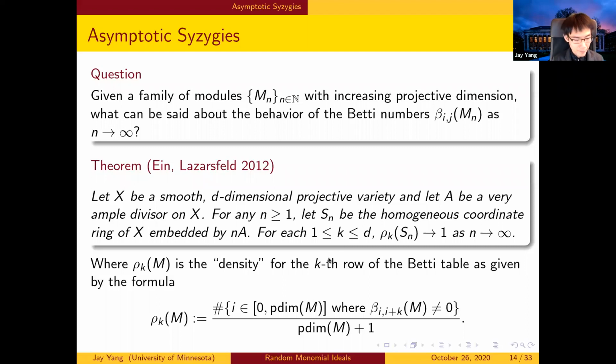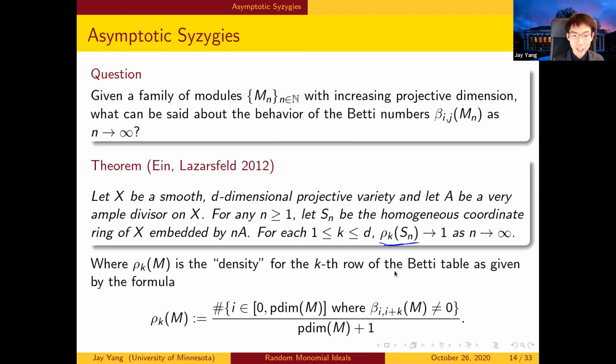On this front, Ein and Lazarsfeld in 2012 proved this perhaps surprising result, if you're sort of used to NP type results, which basically says that at least for those modules which are homogeneous coordinate rings of smooth projective varieties embedded by ample divisors, the Betti table is as full as possible. What do I mean by as full as possible? Well, I have this parameter here, rho sub k of our module.